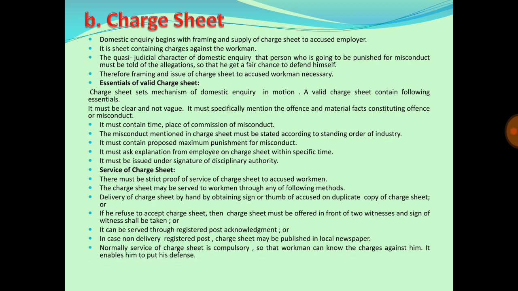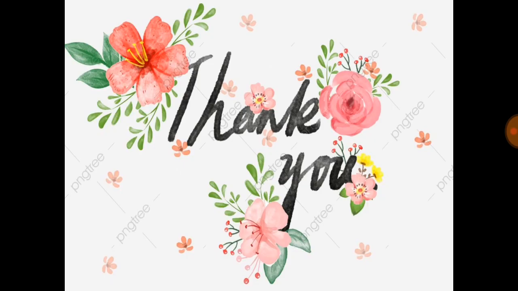Normally the service of the charge sheet is compulsory, so that the workman can know the charges against him, and it enables him to put up his defense. So these are very important aspects. This is the first part of the process of domestic inquiry, where we have discussed the preliminary inquiry and the essential elements of a charge sheet.